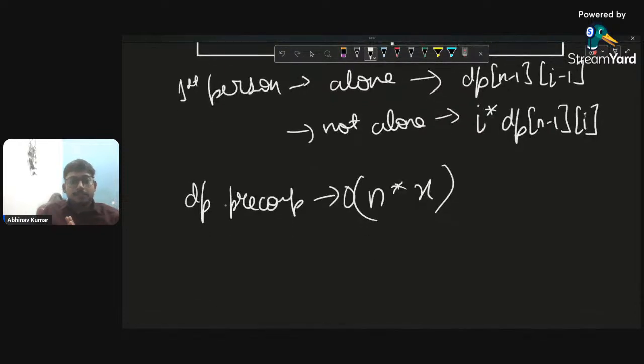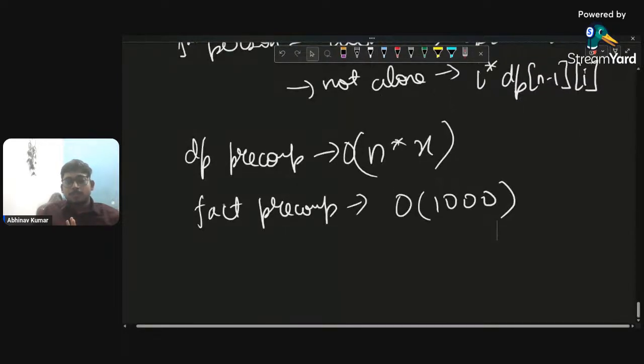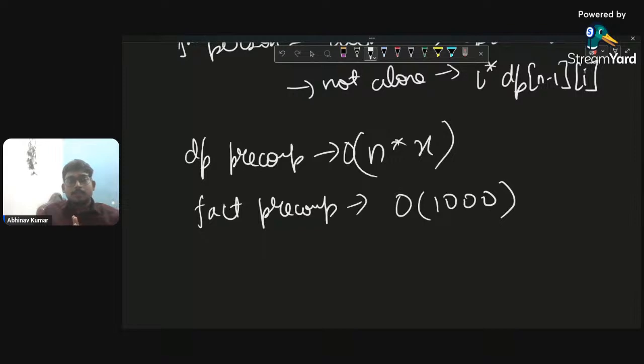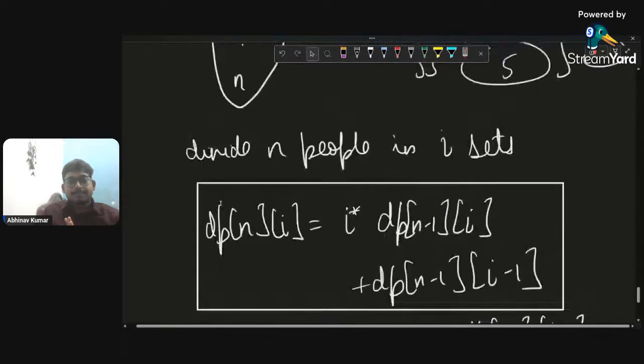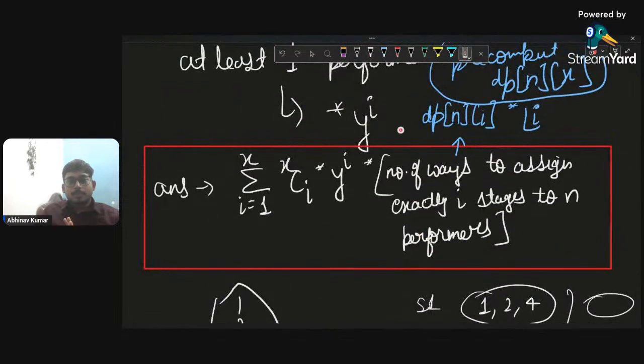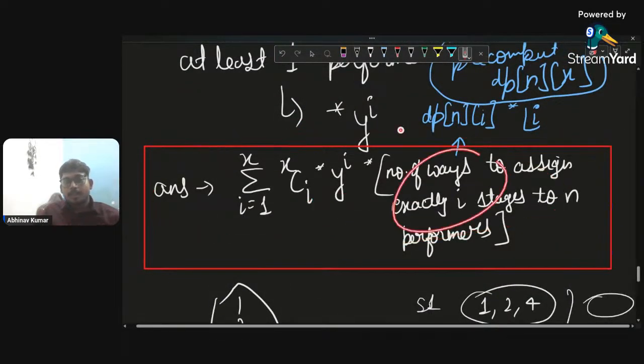Then for the factorial pre-computation, you would compute factorial up to 1000. Then, while traveling here, if you have to do this computation, this is going to take some log n time, and this thing is order of 1 since factorial is pre-computed.